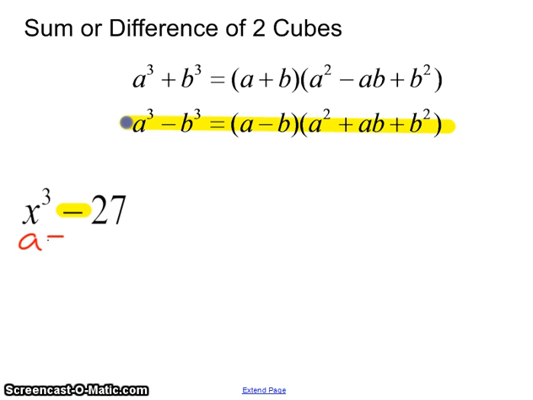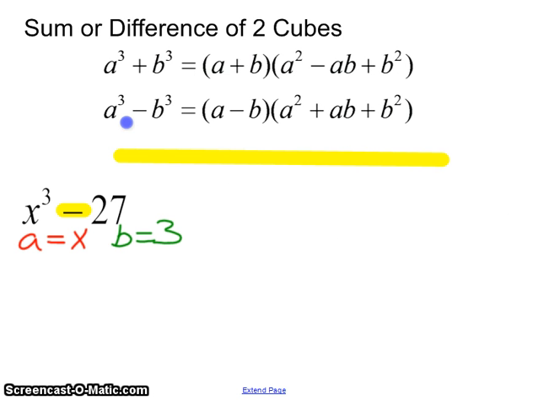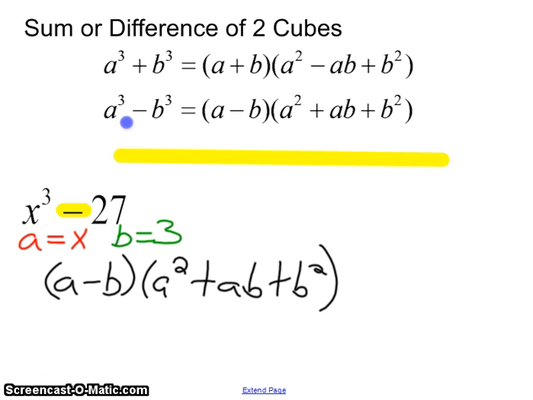A is equal to the cube root of x to the third, which is x. B is equal to the cube root of 27, which is 3. So I've got, I was going to try and bring the formula down. I've got a minus b times a squared plus ab plus b squared, and I'm just going to substitute a and b in.